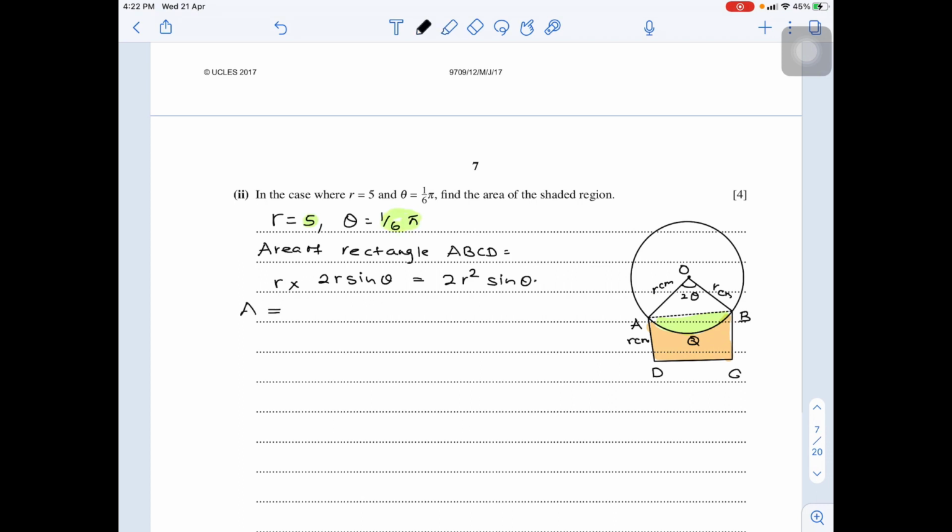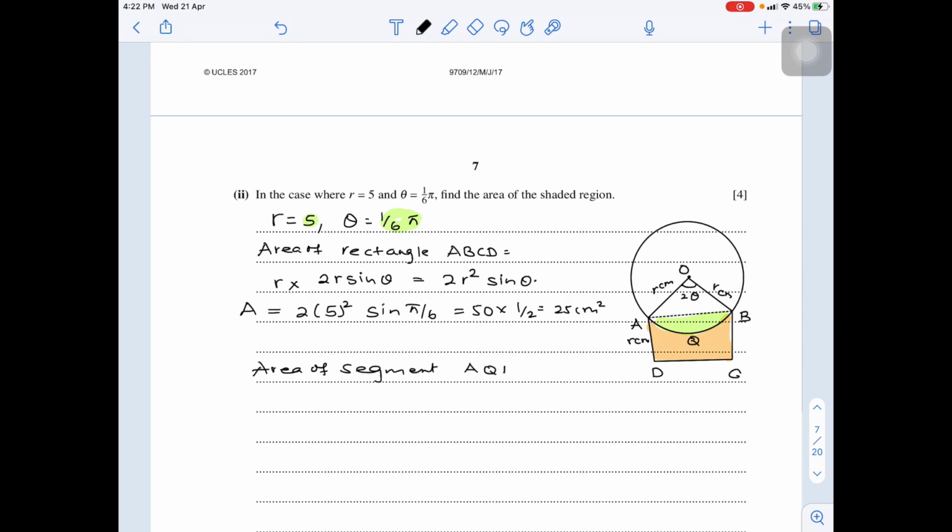Now given r is 5 and theta is 1 over 6 pi. So I'm substituting the values. So area is 2 times 5 squared times sine pi over 6. Use calculator. Make sure that your calculator is in radian mode before you start. So it's 50 times half, 25 square centimeters.